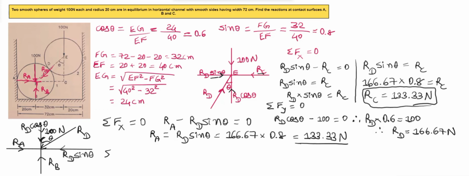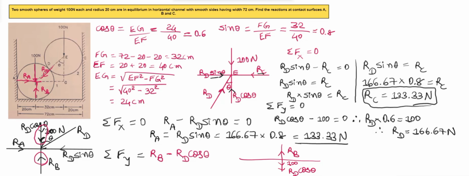Then sigma Fy will be equal to 0, and the vertical forces are RD cos theta and 100 Newton and RB. RD cos theta and 100 Newton are acting in the downward direction and RB is acting in the upward direction, which means RB will be positive and 100 Newton and RD cos theta will be negative.